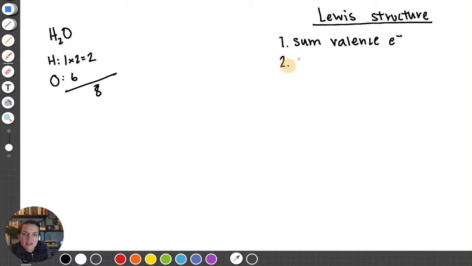Then the next thing you do is connect your atoms with single bonds.